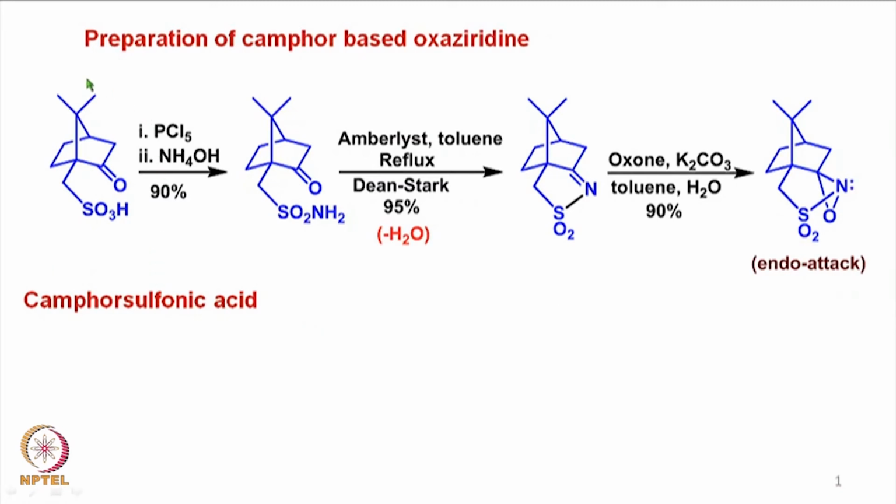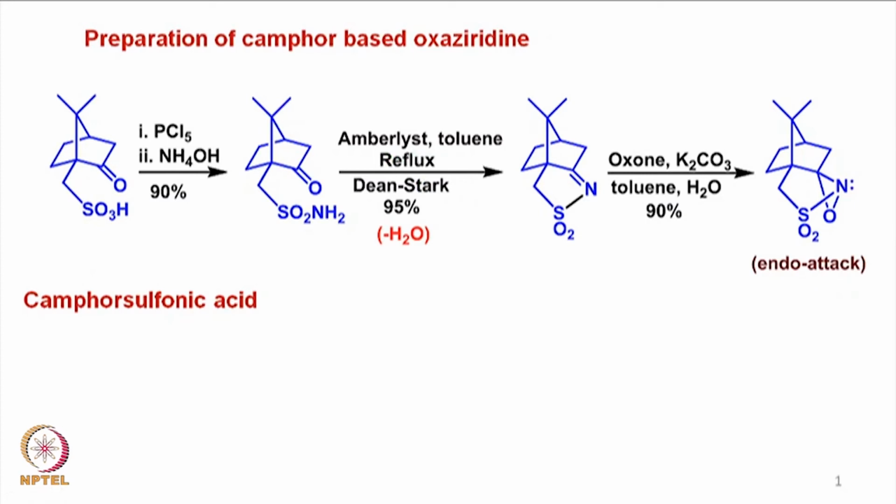We start with camphor sulfonic acid, which looks like this, and react it with PCl5 so that we get the corresponding sulfonyl chloride, that is SO2Cl, and then it is reacted with ammonium hydroxide so that we get the corresponding sulfonamide.